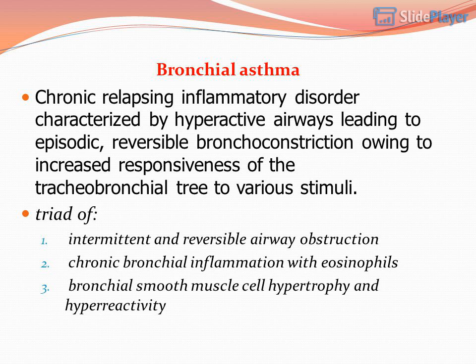A chronic relapsing inflammatory disorder characterized by hyperactive airways leading to episodic, reversible bronchoconstriction owing to increased responsiveness of the tracheobronchial tree to various stimuli. Triad of intermittent and reversible airway obstruction, chronic bronchial inflammation with eosinophils, bronchial smooth muscle cell hypertrophy and hyperreactivity.